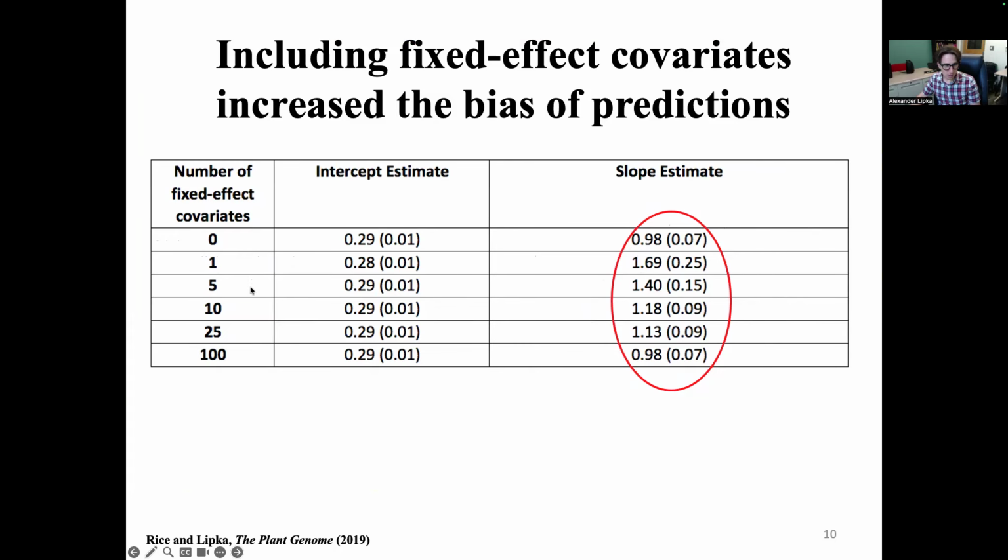And then when we subsequently add more and more fixed effect covariates, it starts to go down towards 1. But the take home is that since we're seeing this jump from approximately 1 to something greater than 1, we're seeing an induction of bias in our genomic estimated breeding values when we include fixed effect covariates in the model.